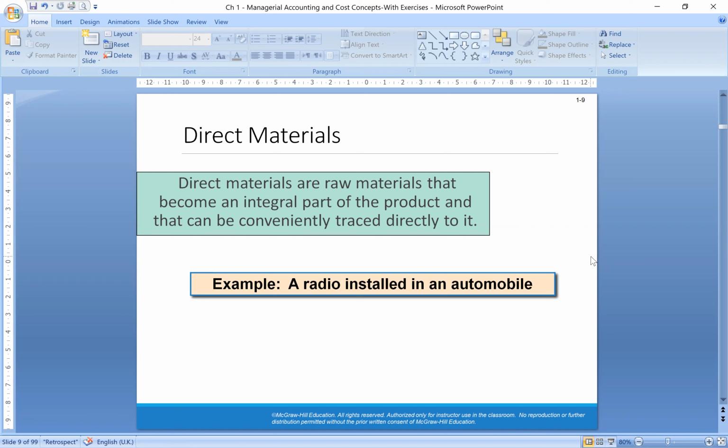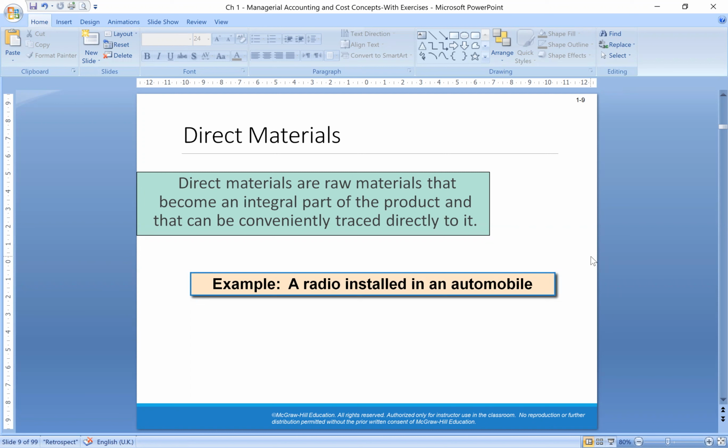The wood as a raw material will become an integral part of the table, which is our product. It is easy to say that we need 1 meter of wood for 1 table. That is the direct material.